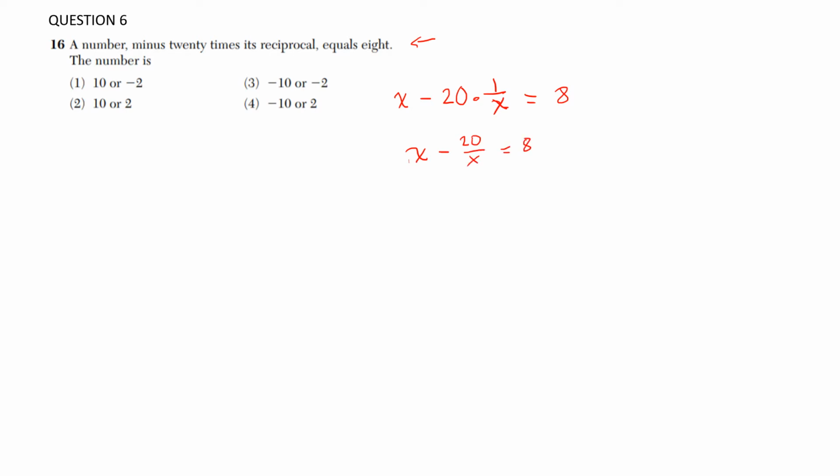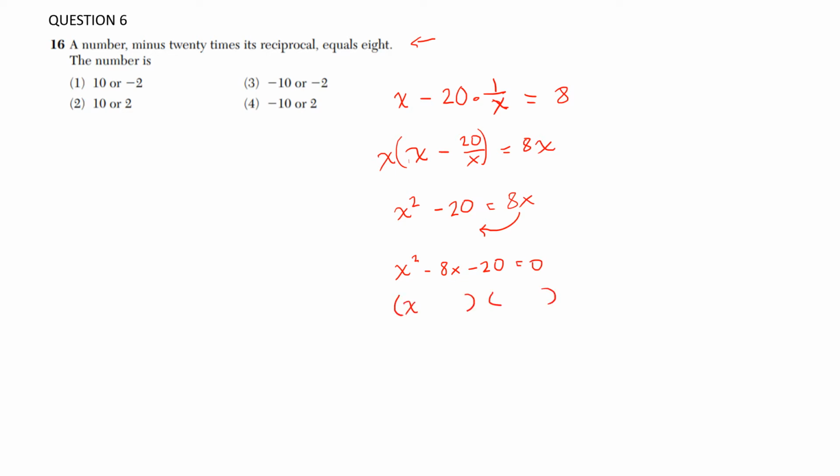We want to get that x out from that denominator, so let's just multiply both sides by x. Getting x squared minus 20 equals 8x. And we can bring this 8x back to this side by subtracting both sides by 8x. X squared minus 8x minus 20 equals 0.